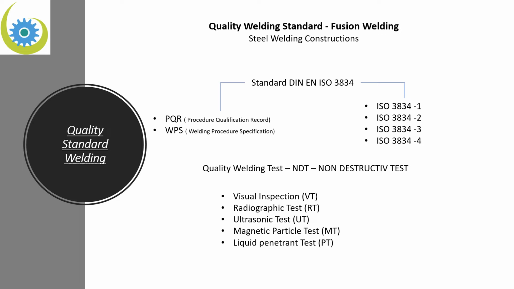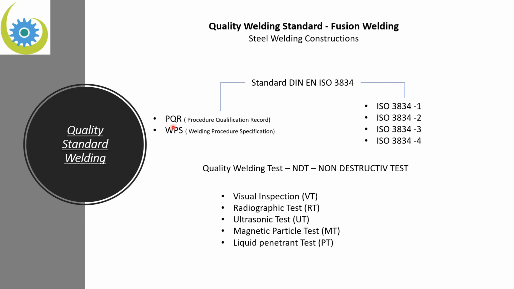So now we go over to quality standard welding. I want to spend only a few words on this topic. We are speaking about fusion welding, and if you work in steel welding construction, you will get in touch with the following standard norm: DIN EN ISO 3834. This is also divided into four categories depending on the requirements: 1, 2, 3, 4.